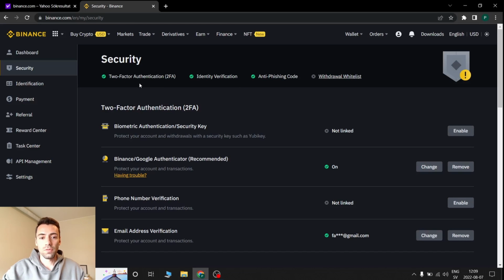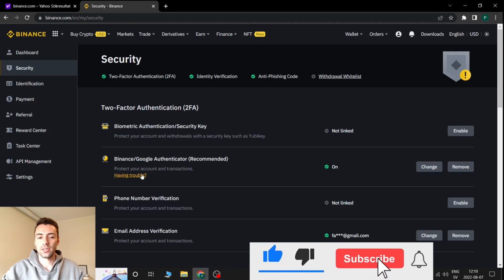And also the two-factor authentication. You have to download the Google Authenticator application. If you click on Google Authenticator, it will show you a barcode. After you go through the Google Authenticator application, you can scan this barcode.